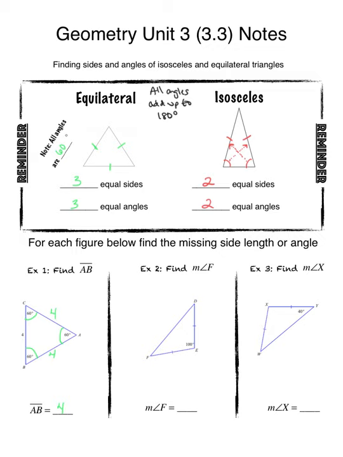Now let's do this one. We have congruency markers here. So that means these 2 angles, angle D and angle F, are congruent. But how do we know the measurement? Well, you go back to that statement in black. All angles add up to 180 degrees. So we take 180, we subtract the amount of the one angle we know, which is 100 degrees.